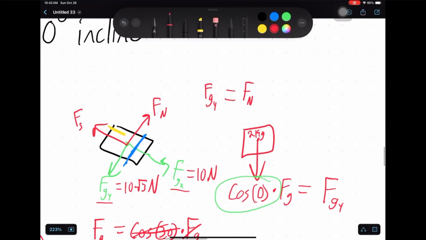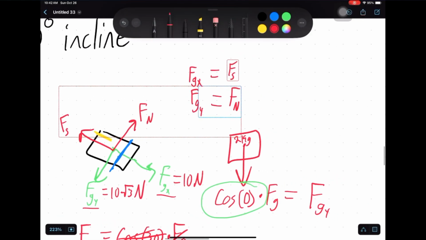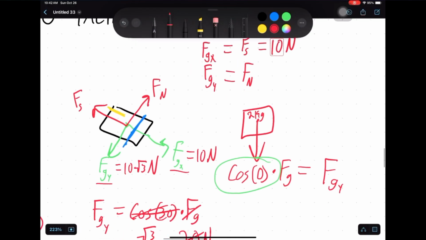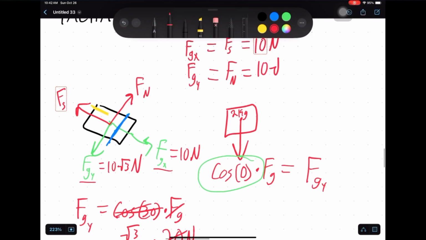Same thing on the other axis. Whatever force of gravity in the x is, it's going to equal force of static friction. Now, we already found static friction because we found our force of gravity in the x. That equals 10 newtons. We already found our force normal. That's just our force of gravity in the y. That is 10 root 3 newtons.